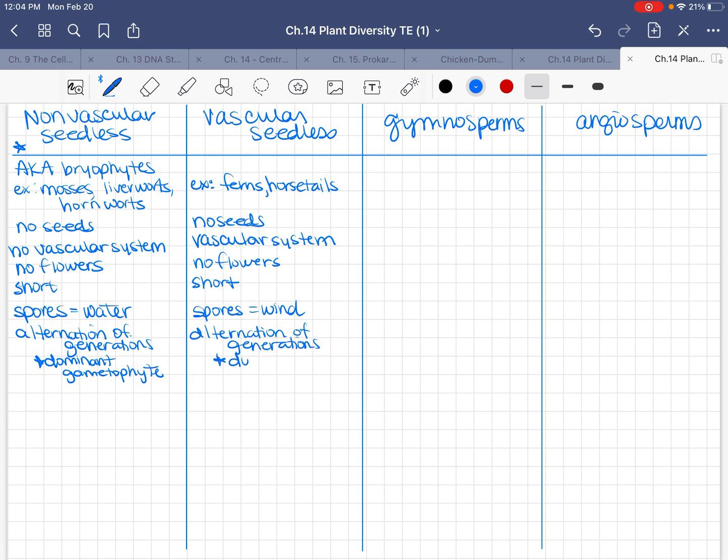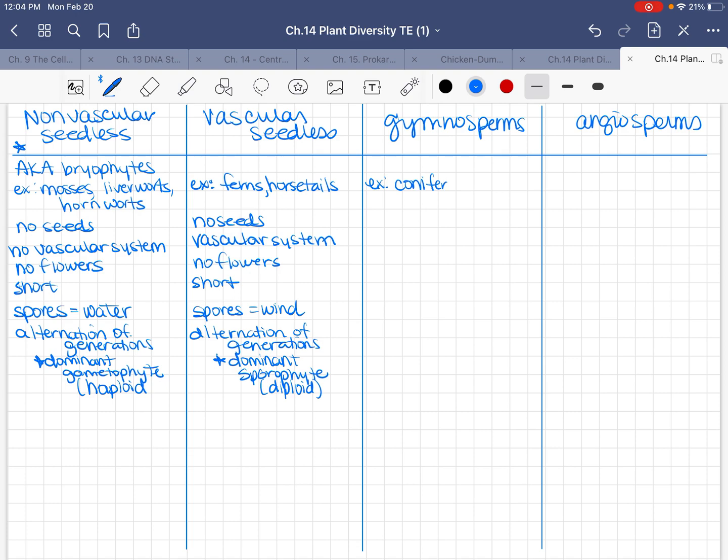But they had a dominant sporophyte, which meant their dominant form was diploid. And when that diploid was ready to make spores, it would go from diploid to haploid spores. Then we talked about gymnosperms, and we gave an example here of conifers.